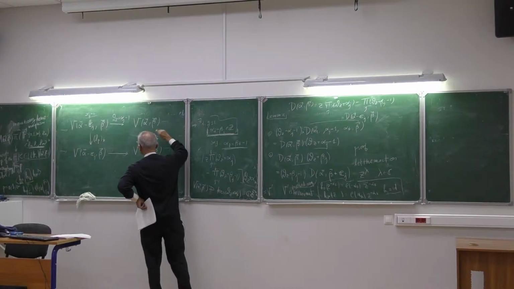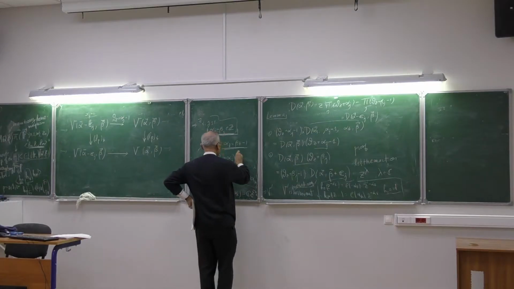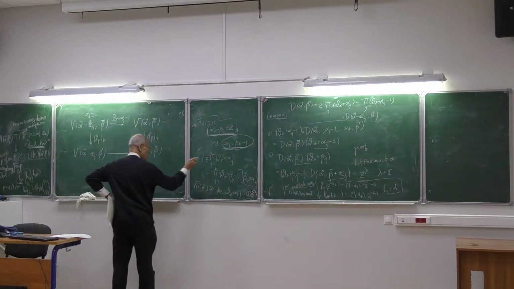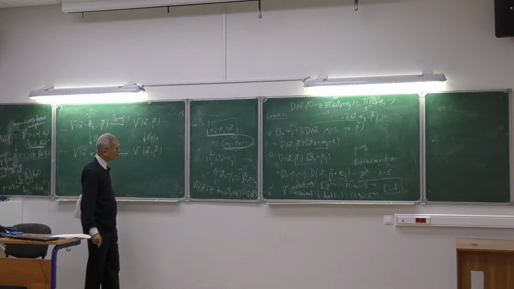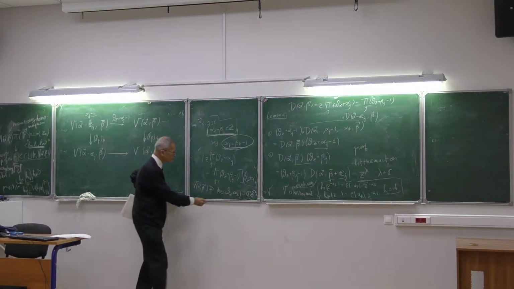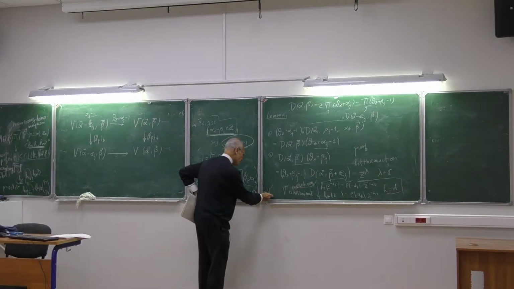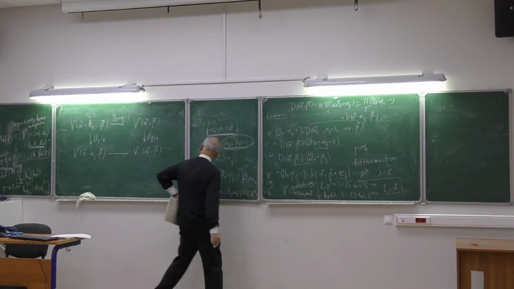Plus direction also possible. Till the moment when this situation arrives. If this situation arrives, then the monodromy representation is reducible, and it has a one-dimensional monodromy invariant subspace. It's k-dimensional, and it's one-dimensional. Okay.